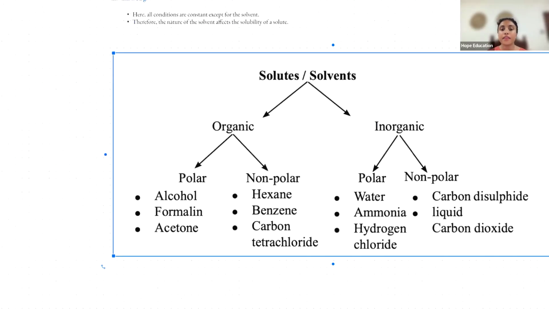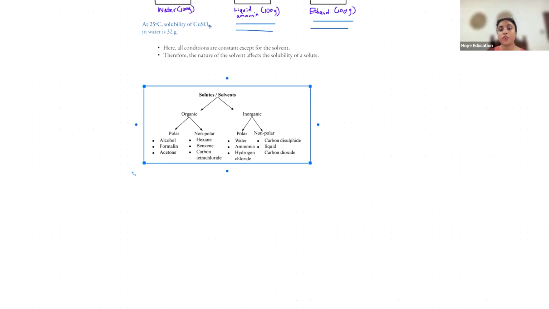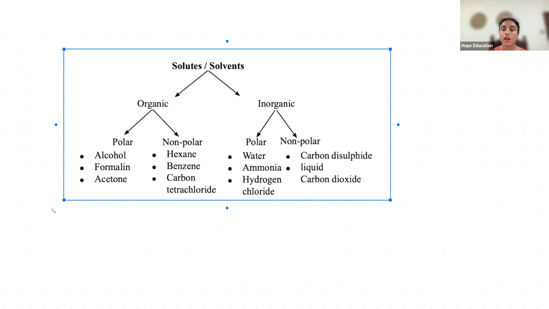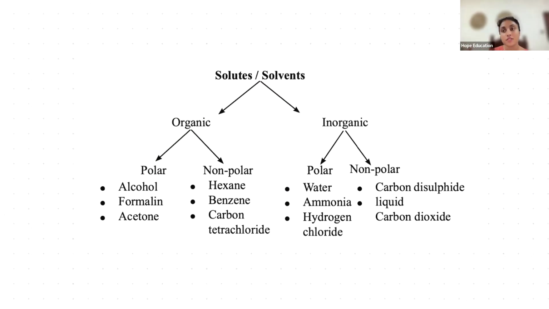So, for an example, let's say sugar or salt. Salt dissolves in water very well. But if you try to put some salt into coconut oil, it doesn't dissolve well. Then for another example, take grease. A grease stain can't be removed with water, so you will have to use oil or something.